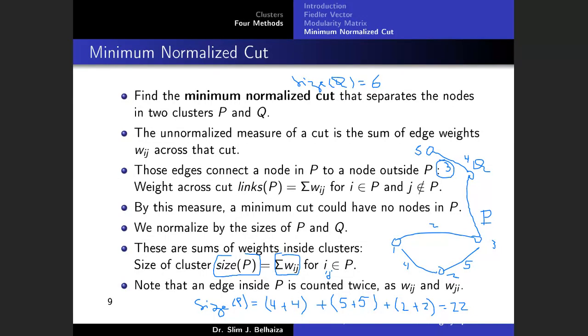Now, for this link between 3 and 4, let's assume it has a weight of 1. Okay? And I may probably give another link here just for fun, perhaps a link like this. Okay? So, in fact, the weight across the cut, if I'm cutting like this, what is the total weight across the cut, guys?